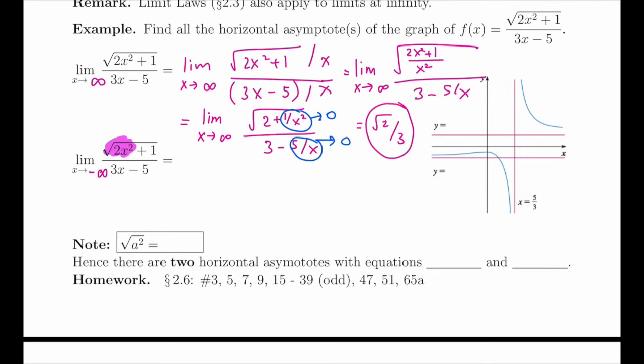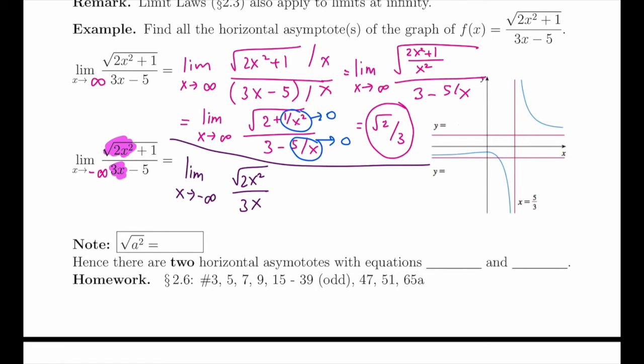You have to take the square root as well, so it's square root of 2x squared. And the dominant term in the denominator is 3x, so we keep that one. And what we're left with is the limit as x goes to minus infinity of root 2x squared over 3x.